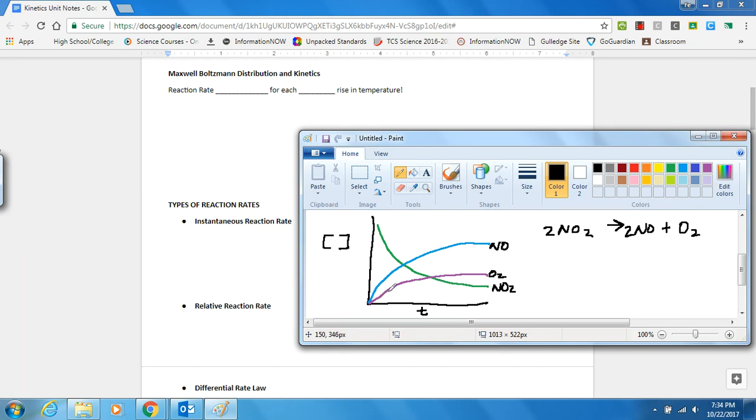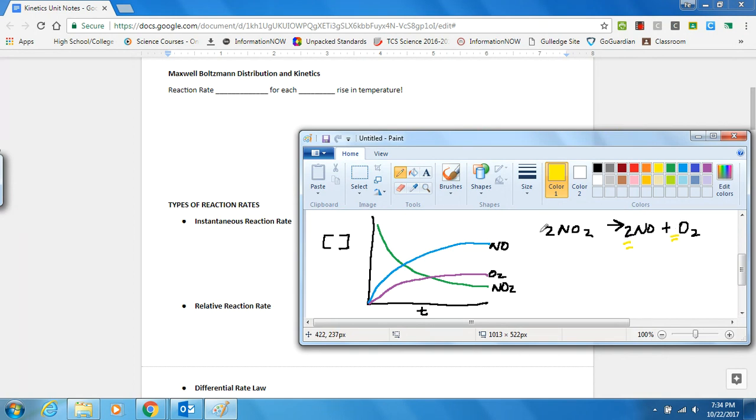Now, there's another thing I want to point out here. Notice how the curve for O2 and the curve for NO are not the same. What is that telling me? That means that NO's concentration is increasing at a faster rate than O2's concentration. Why might that be the case? The reason is these coefficients here. What do we notice about the relationship between NO and O2? We have a 2-to-1 relationship.